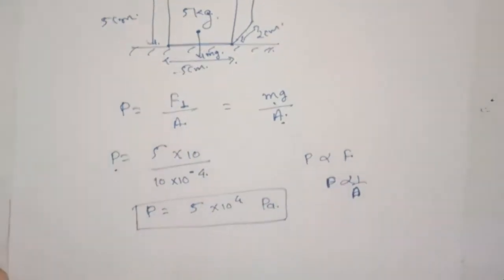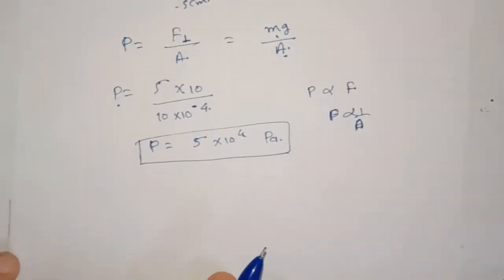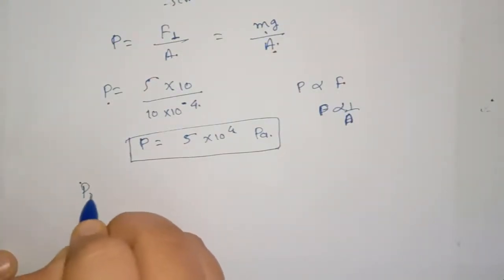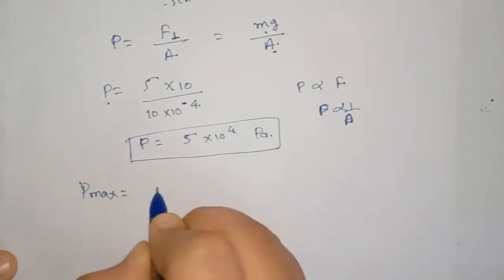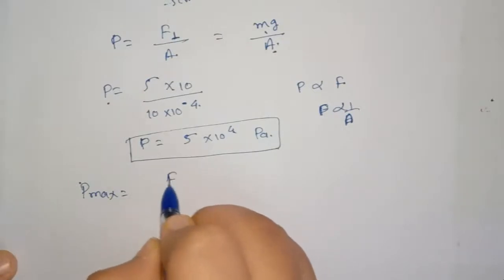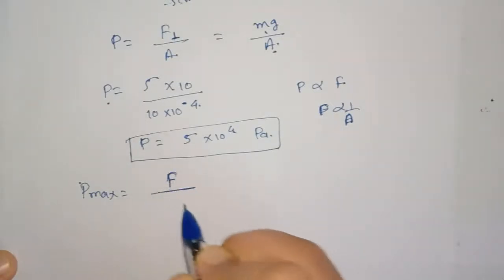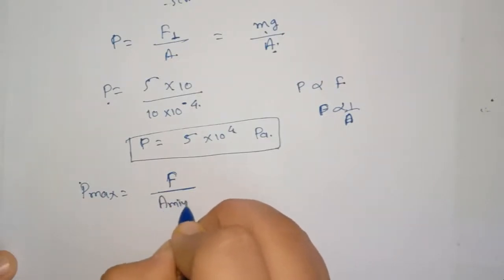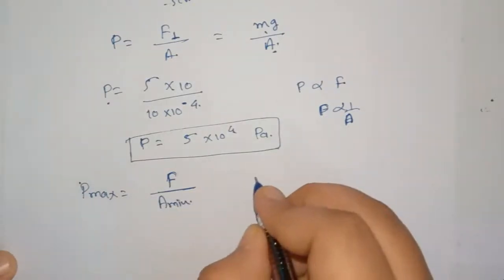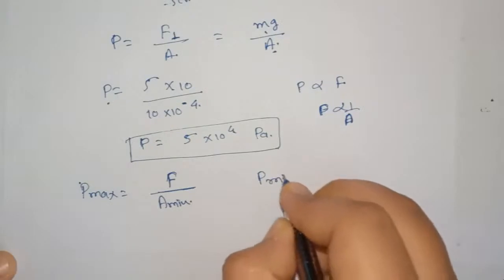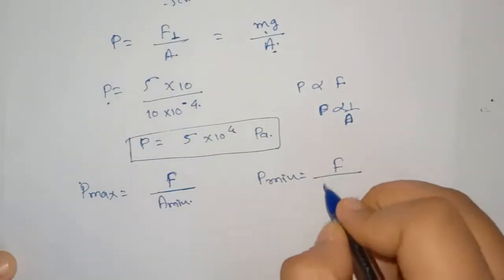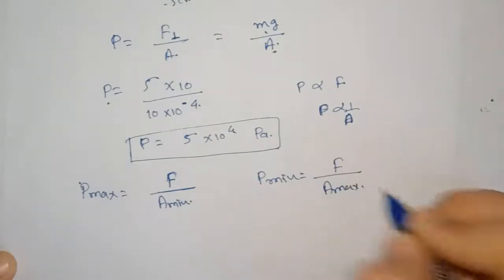For any case, if we want to find the maximum pressure, for the given block the weight will be fixed, so force is fixed, so P max will be equal to force upon A minimum, and the minimum pressure is equal to force upon maximum area.